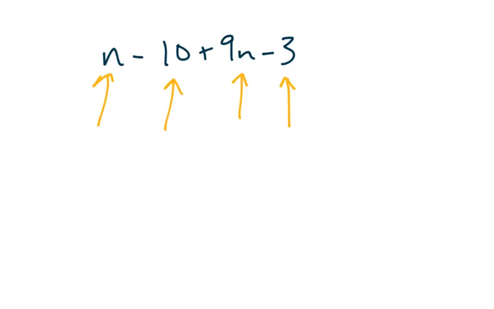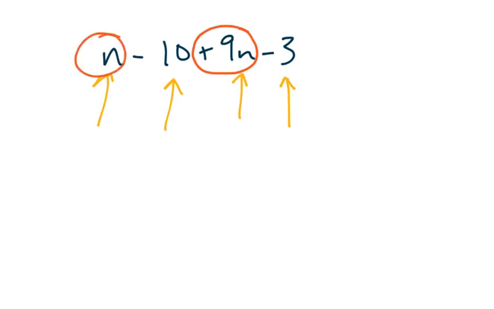Okay? I also want to remind you to include the sign, the operation, with the term, and that becomes like its sign, like a positive or negative sign. And then this one's like a positive n.